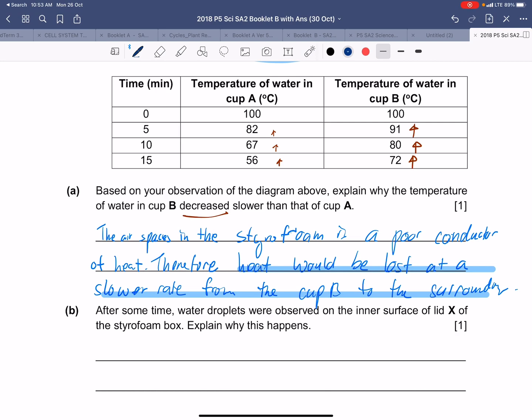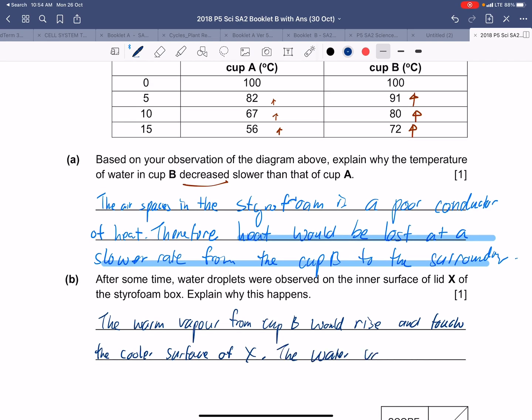So, we said that the warm water vapor from cup B would rise and touch the cooler surface of X. The water vapor would lose heat to the lid or X and condense to form water droplets.